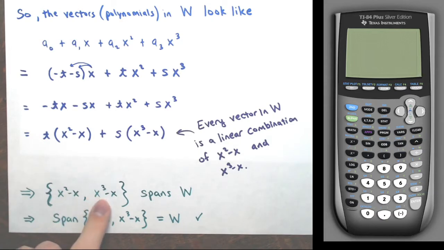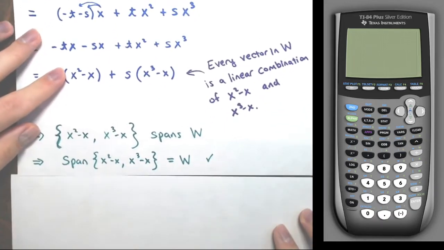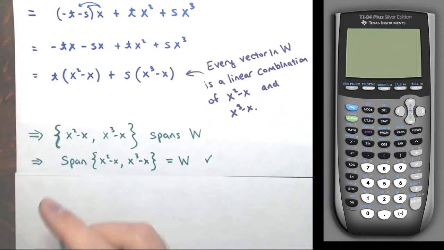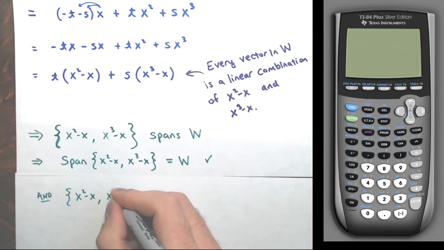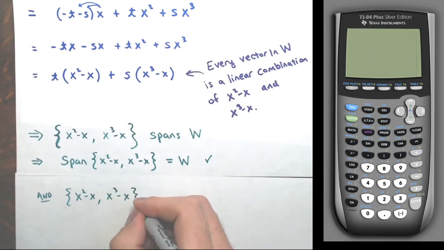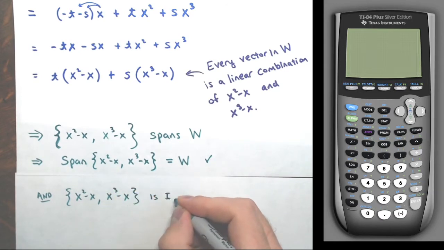You can't multiply this by any scalar and get an x squared term, right? So these aren't scalar multiples of each other. So not only does the set span W, but that set of two vectors, the set of those two polynomials, x squared minus x and x cubed minus x, is linearly independent, or I'll just say independent.